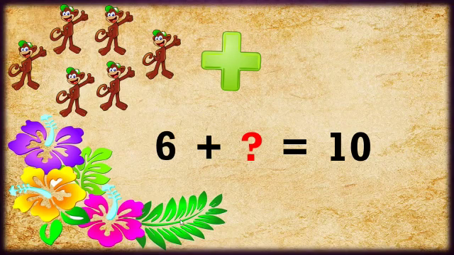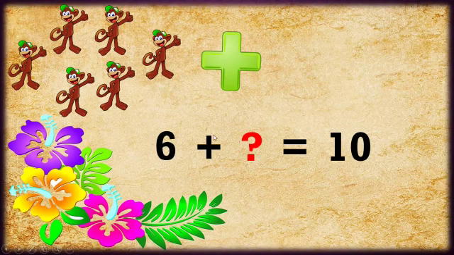There you can see we have some monkeys. How many monkeys do we have? 1, 2, 3, 4, 5 and 6. We have 6 monkeys, so we write down here 6 plus. Now how many monkeys do we need more to make it 10?